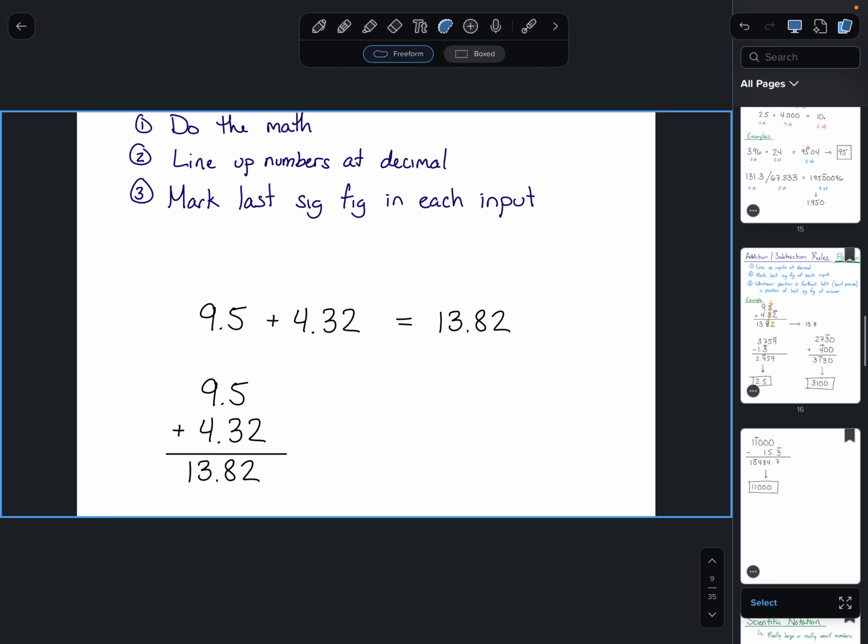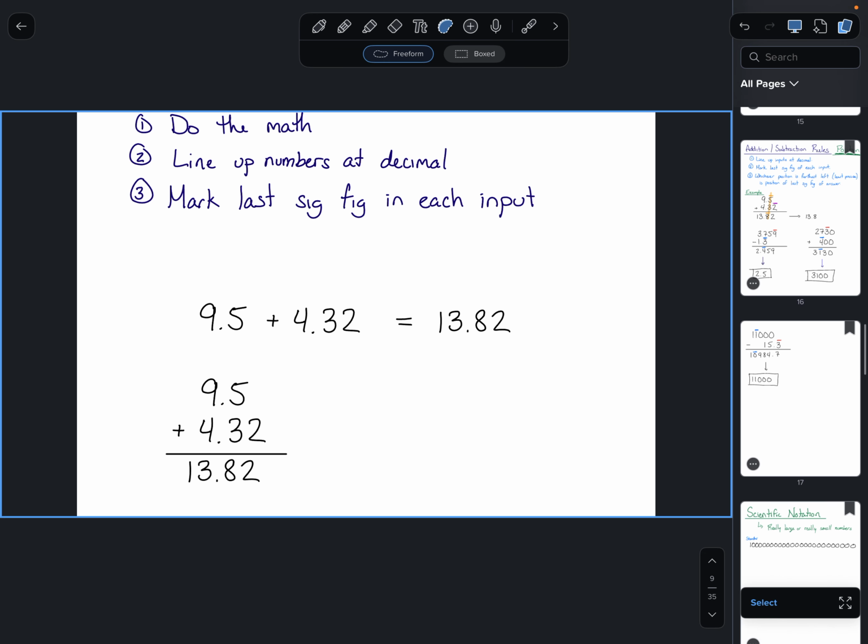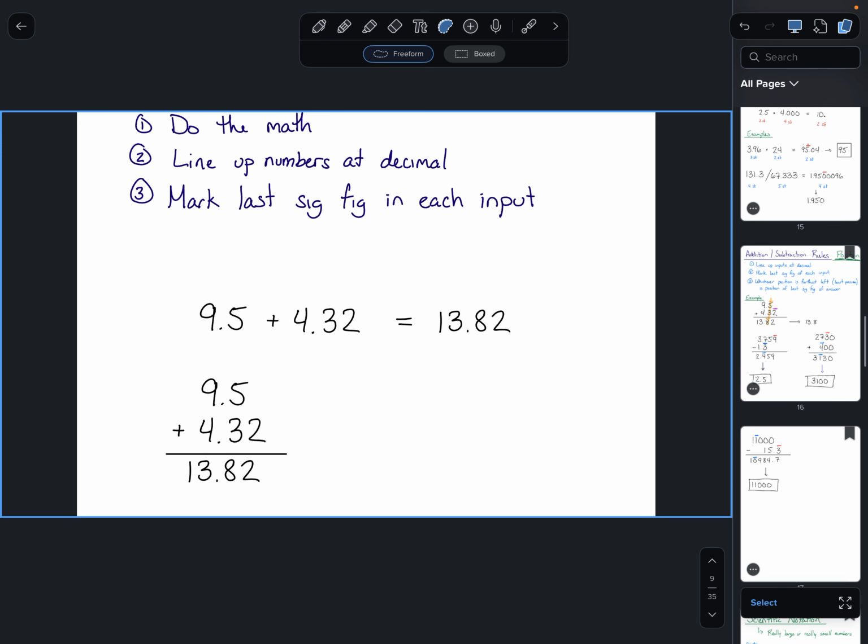All right, so given what we discussed about sig figs, put a bar over the last sig fig in those two inputs. What's my last sig fig in 5.9? The 5. What about 4.32? The 2. All right, so I've marked my last sig fig in each one of those numbers. Okay.